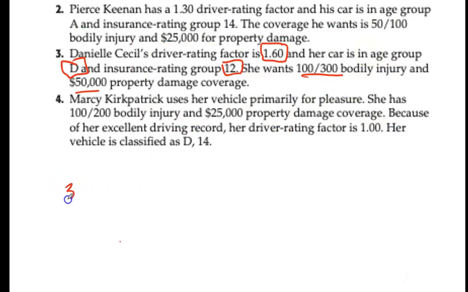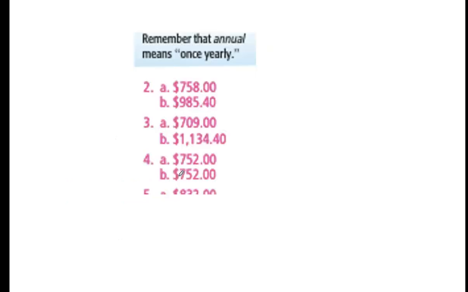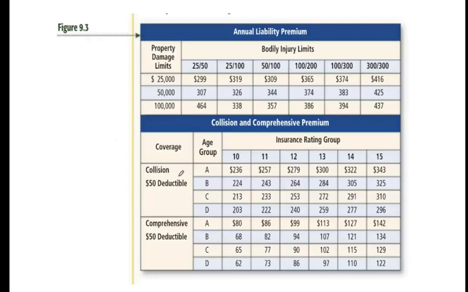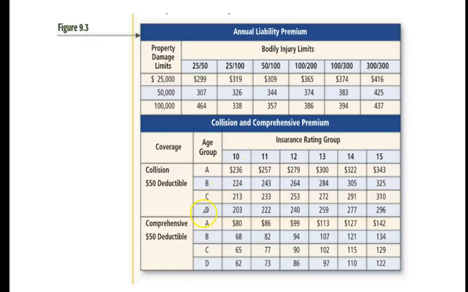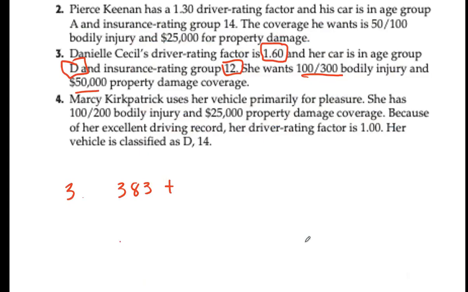So for number 3, I have 383 plus, oops, I go back and I can't remember what the rating group was. D12. So I have 240 and 86. 240 plus 86. If I add all those up, I get 709. That's my first step.